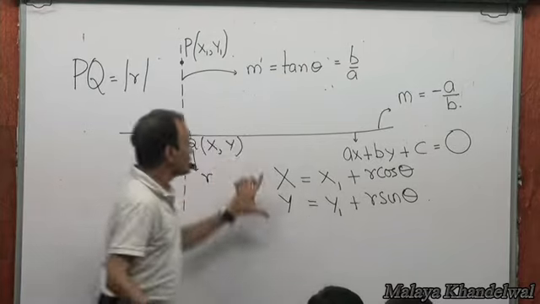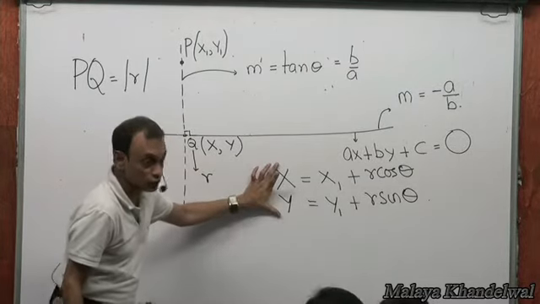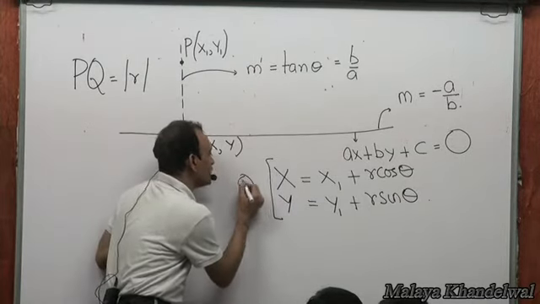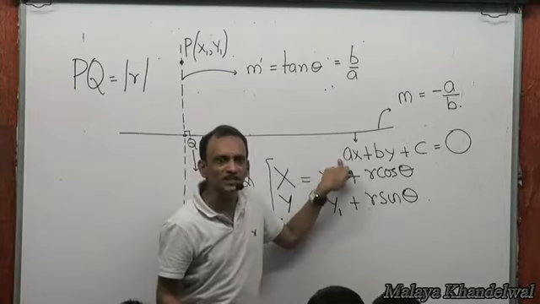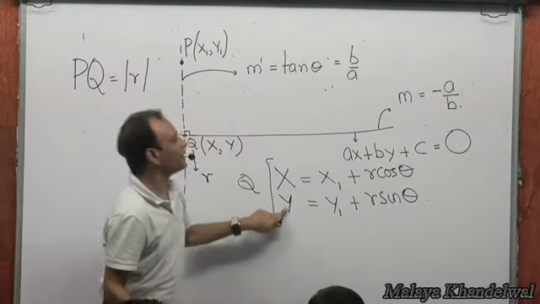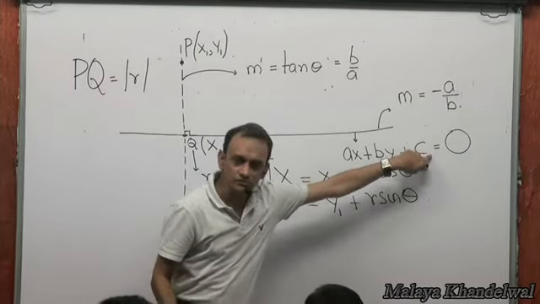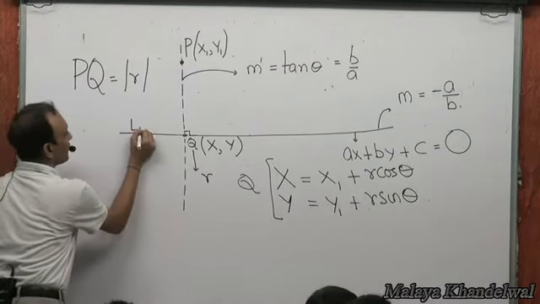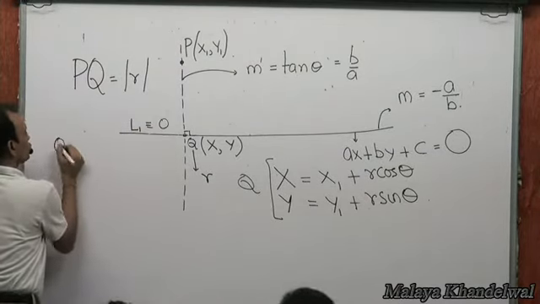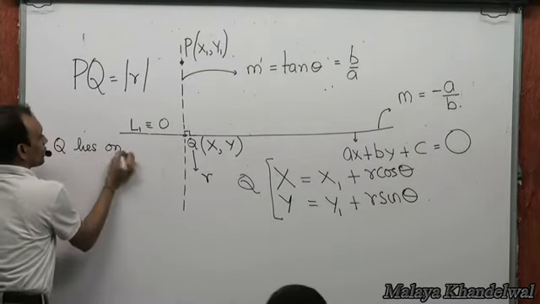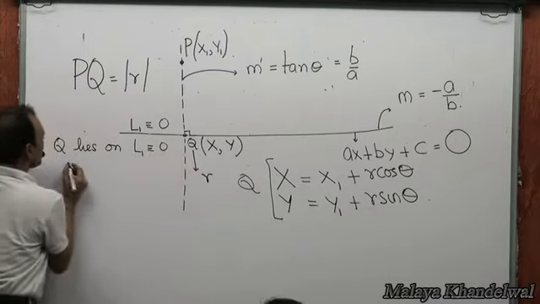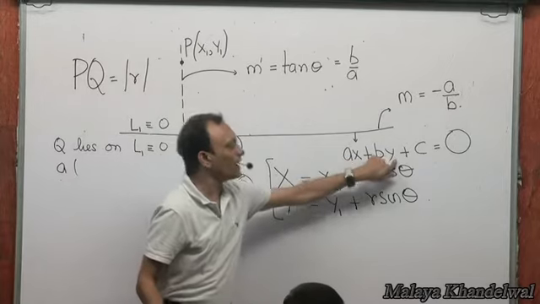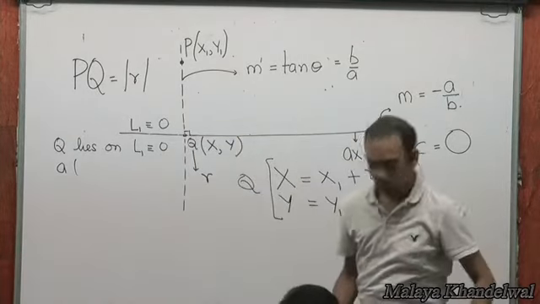Now, this (x, y) is the coordinates of point Q, but Q lies on this line. So the coordinates of Q will satisfy this equation. That means this x and y should satisfy this equation. Yes or no? So Q lies on this line, say L1 equal to 0, which means a into the x coordinate of Q plus b into the y coordinate of Q plus c must be 0.